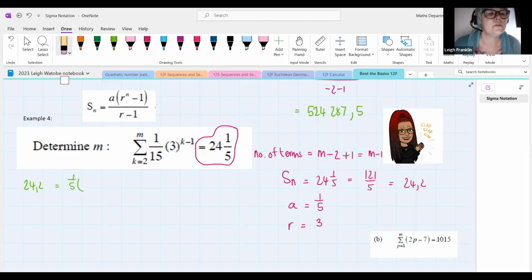Let's use square brackets here. R is 3. We can either write M minus 1 or we can write N. It doesn't matter. Okay, and then sort it out afterwards. The choice is yours, how you want to do this.